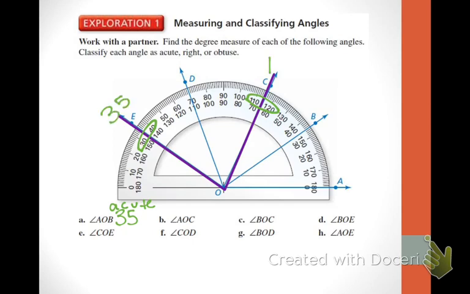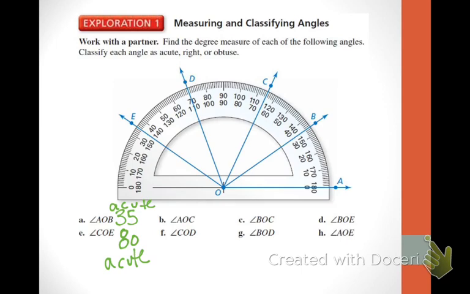And C is at 115. How do we figure out the distance then? Subtract. 115 minus 35 gives us 80. And that is the acute. Just kidding, Andrew. Sorry. All right, so you guys are going to do the rest, and then we're going to go over them. Go.